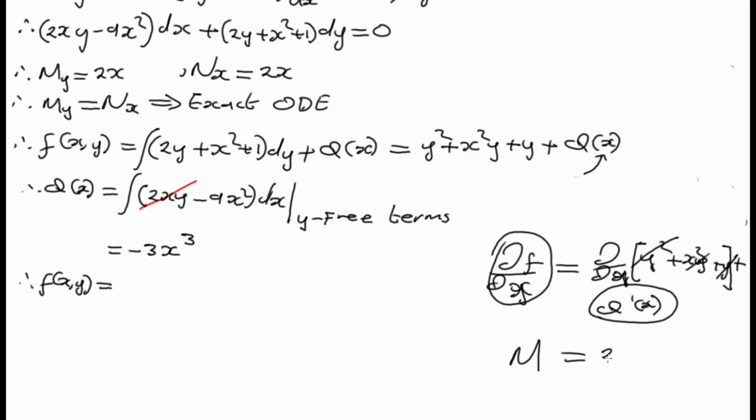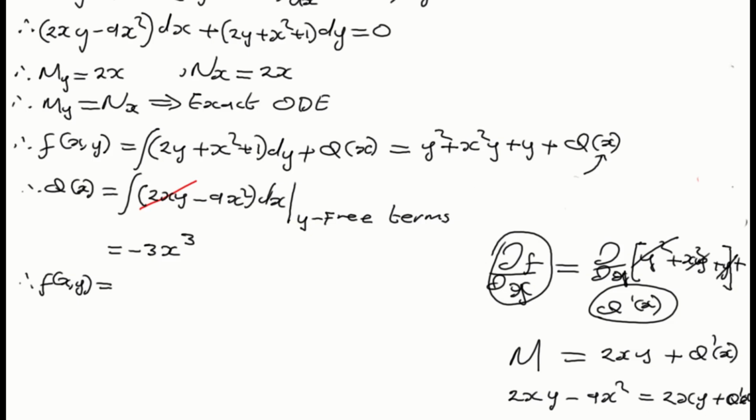For this case, it will be 2xy plus q prime of x, and then you equate it to the m. In this situation, m was 2xy minus 9x squared, therefore equal to 2xy plus q prime of x.